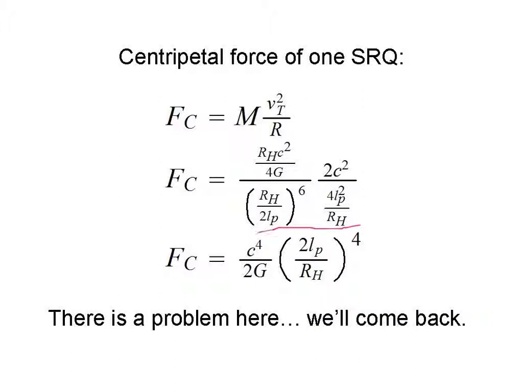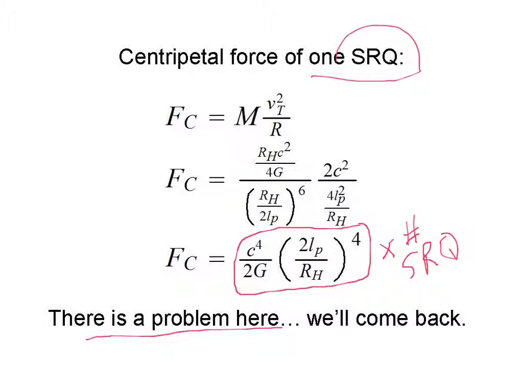Our result for the centripetal force for the small radius quantum is not the conserved value. Even if we multiplied it by the number of SRQ, which is the large number cubed, we still don't get the conserved value. So at the SRQ level here, we have a problem. But we'll be coming back to this.